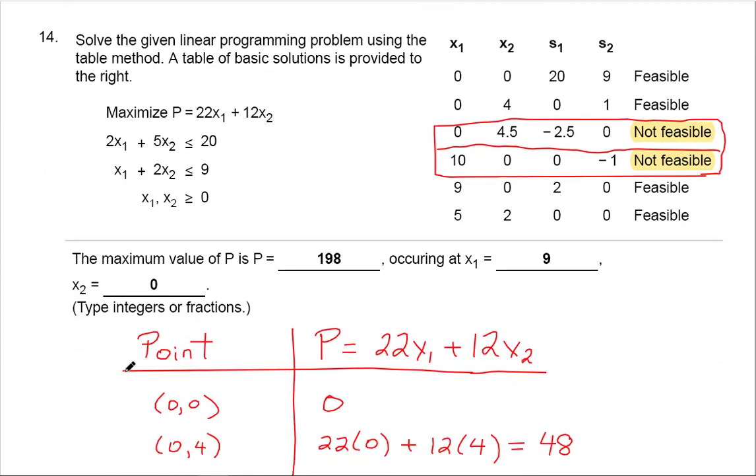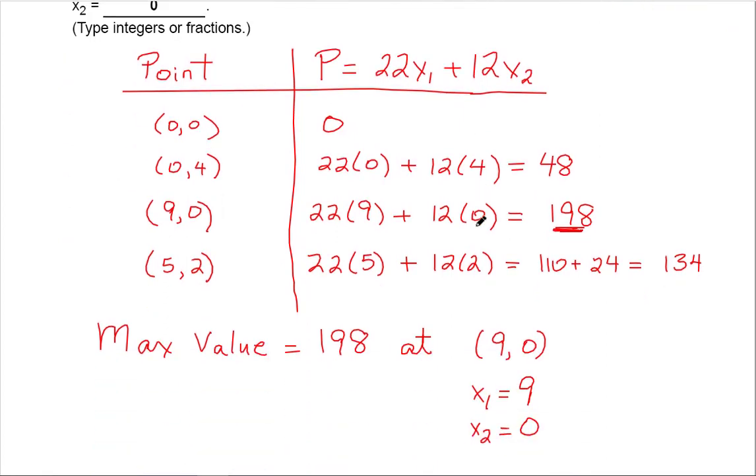All right, question 14. Let's see. They give us this table for our system here. Negative pieces, so those are not feasible. So the feasible points are 0, 0, 0, 4, 9, 0, 5, 2. So I make a table and plug them in.